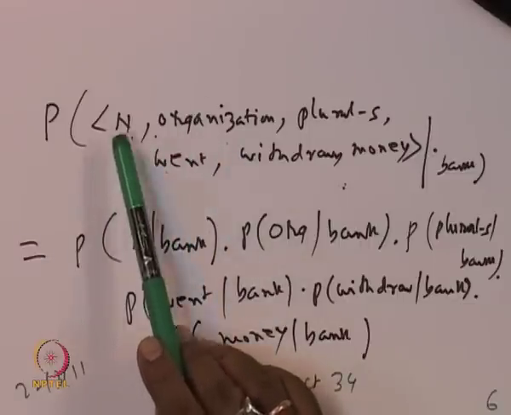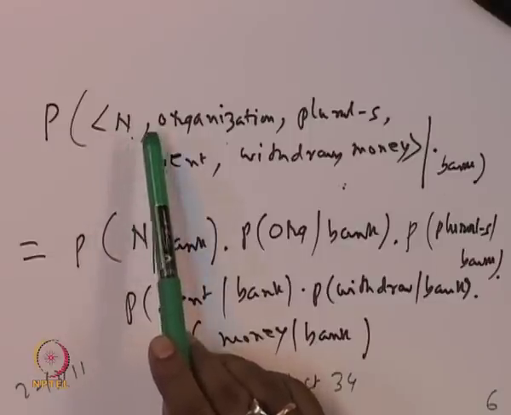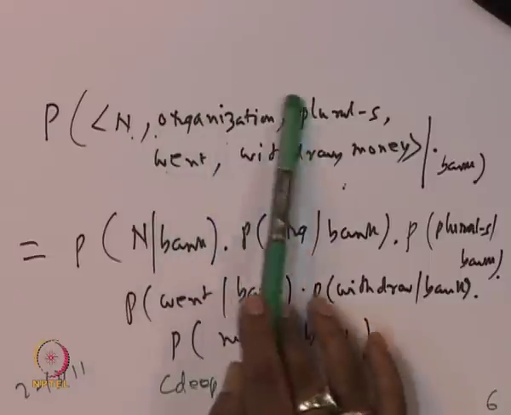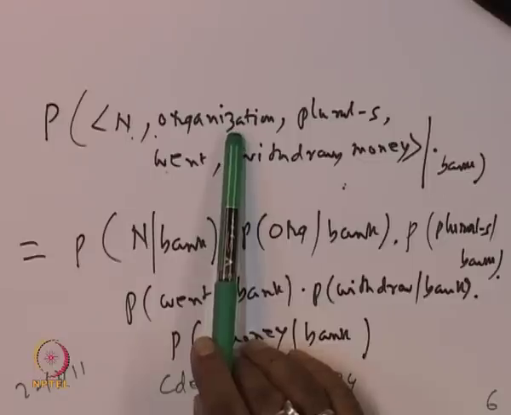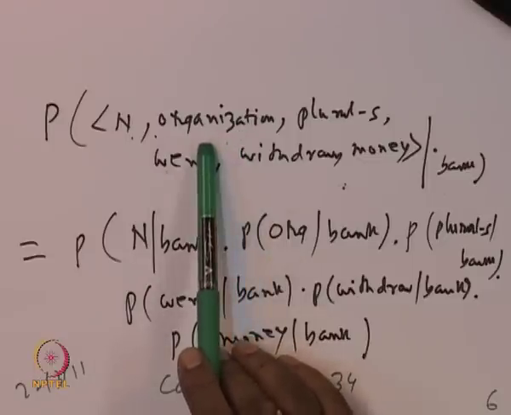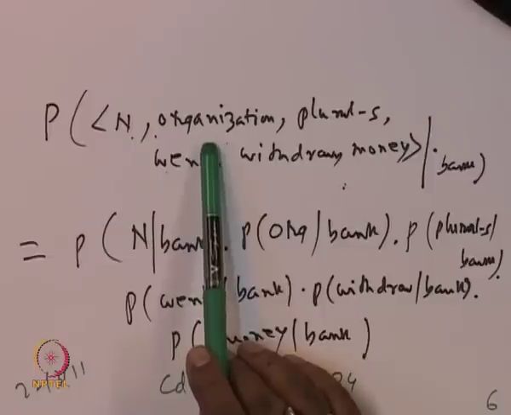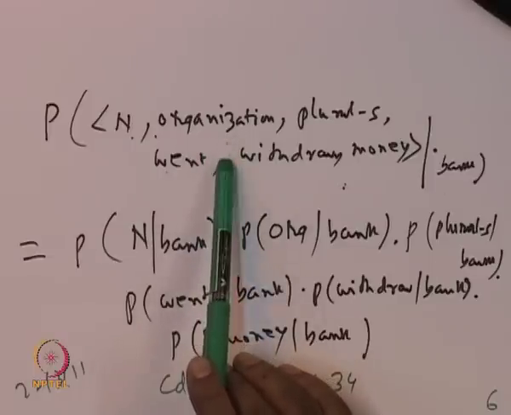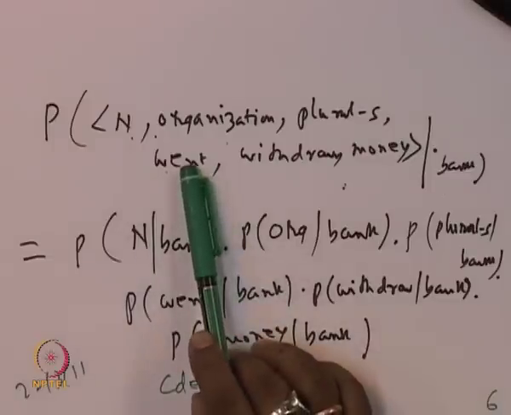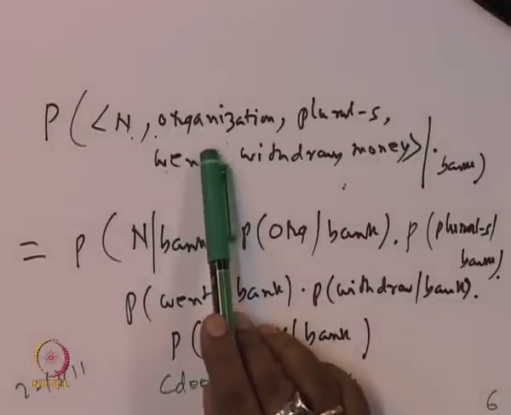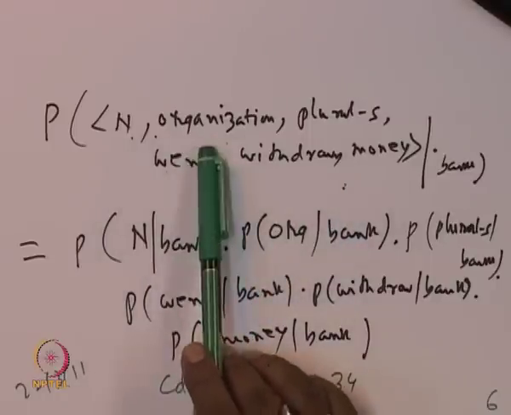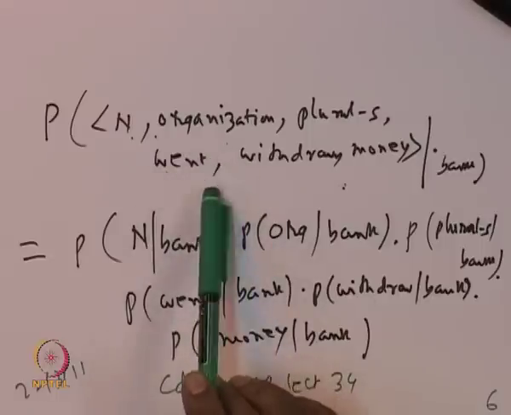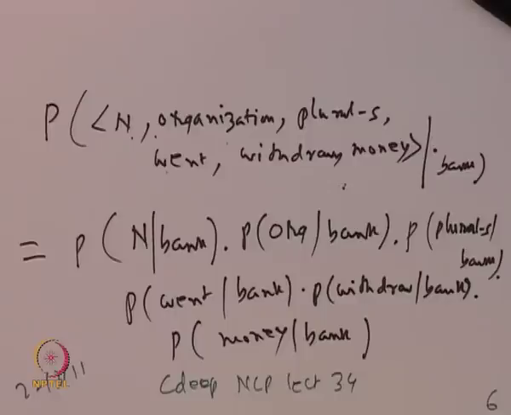If something is not a noun, it cannot be an organization. All right. So, this kind of independence assumption is definitely not true. However, it can lead to some convenient formalization and ease of calculating parameters, and therefore, this assumption is many times made. In spite of all its inaccuracies, it still delivers results because of the fact that we are actually ranking the senses.